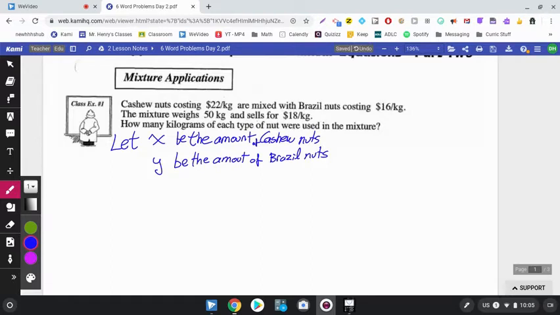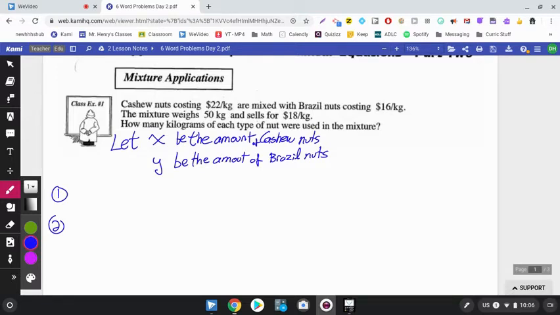Just like Friday, if I'm going to solve a system, I need two equations. So I look at the info that it gave me and I think, how could I talk about weights or costs or money in an effective way?